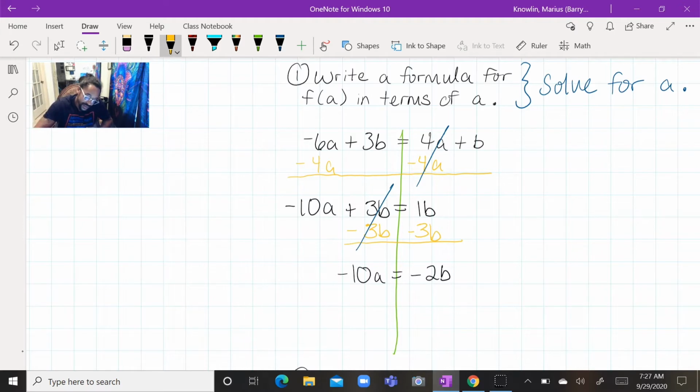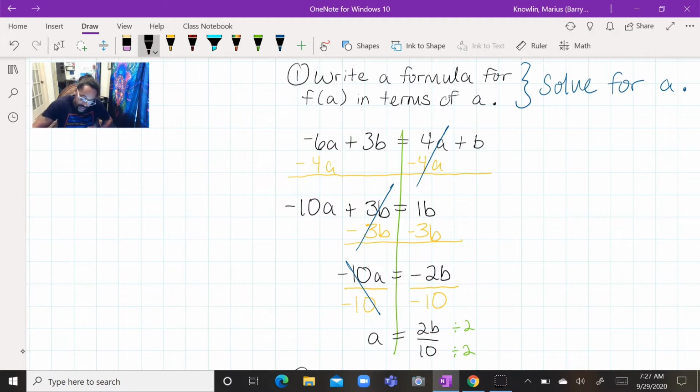And now the last step here, because I'm solving for a, I just want to divide everything by negative 10 and make sure I simplify my answer. So my negative 10s cancel out. A equals, well, negative divided by a negative is a positive, and we would get 2b over 10. However, we can reduce that. Both of these can be divided by 2.